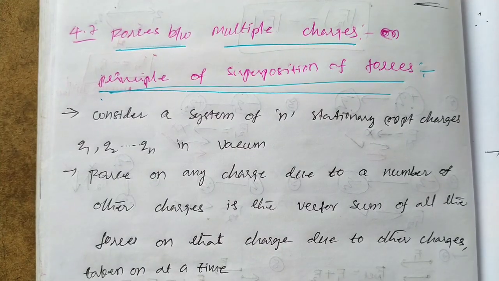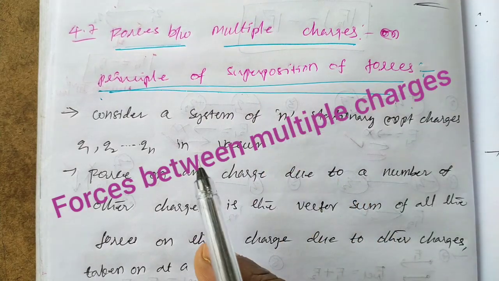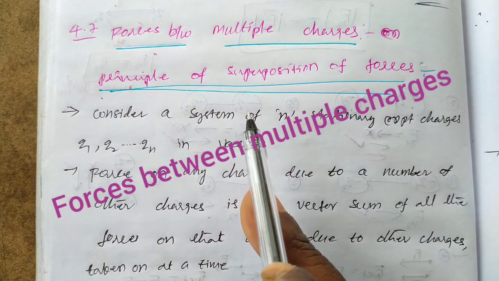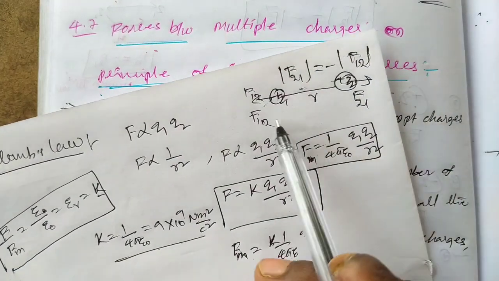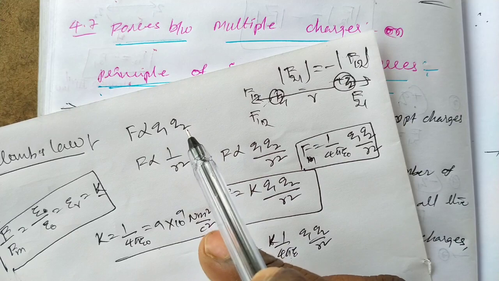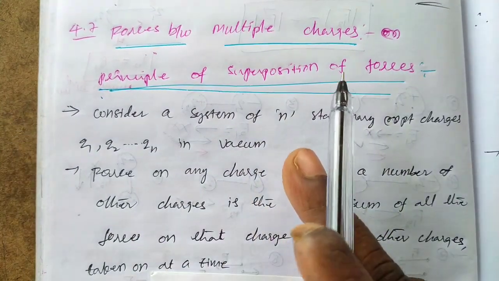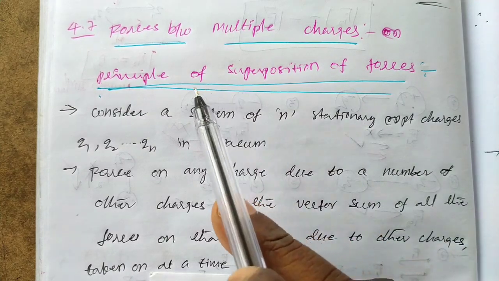Okay, now we will discuss forces between multiple charges, or the principle of superposition of forces. The previous Coulomb's law only deals with two charges. We get the relation between the charges and distance, that is Coulomb's law. If there are more than two charges, how do we get the forces?